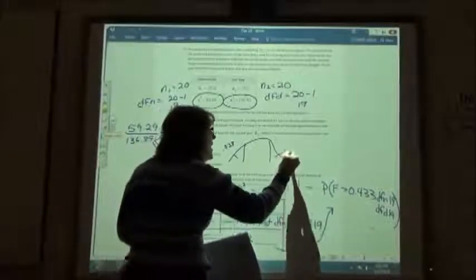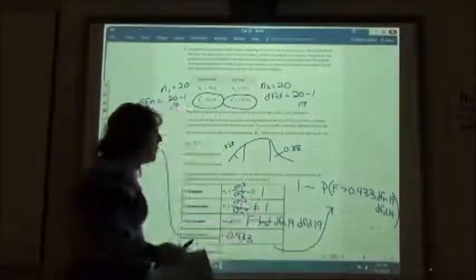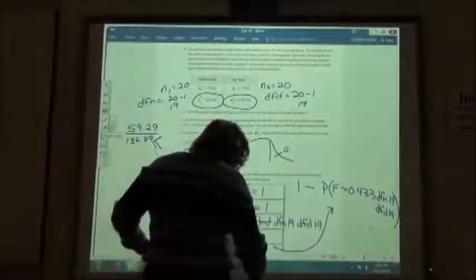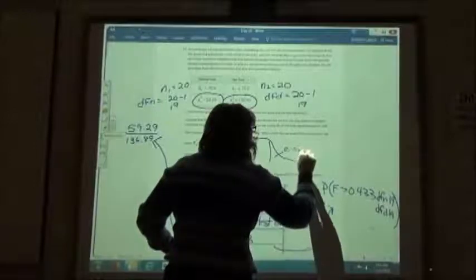The percent in the right side should be the same number. I was hoping we could just do the first one, but we have to do the left side, so we have to do 1 minus.